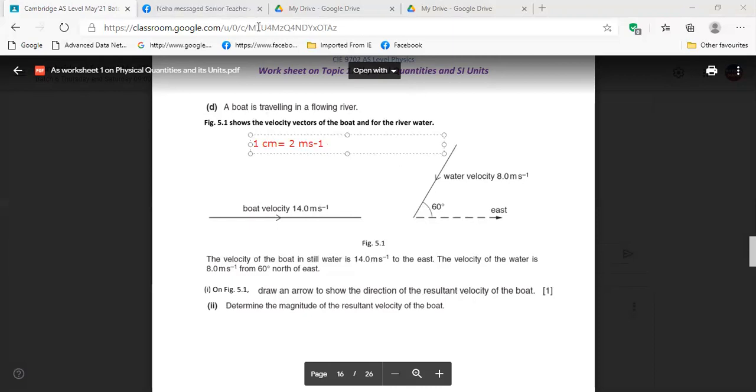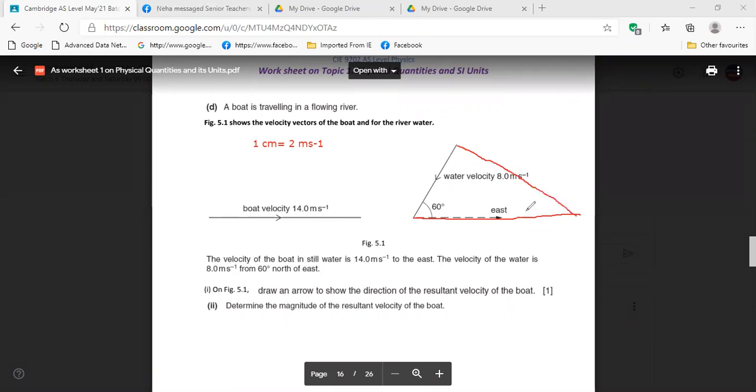Yes, sir. So I am drawing here this one, 7 centimeters, right? This one is 4 centimeters. So you complete this triangle.